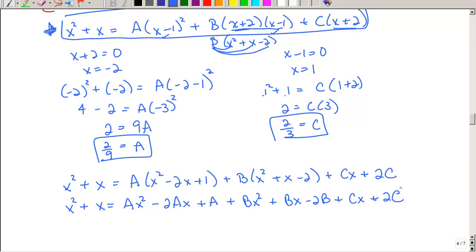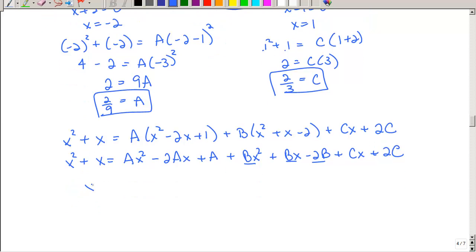So I can choose, since b has an x squared, an x, or constants, you can choose any of them that you want. I think I'm just going to choose my x squares. So if I look at my x squares, here, here, here, and that's it. So I have 1x squared equals ax squared plus bx squared. What does that tell you? It tells you that 1 equals a plus b.